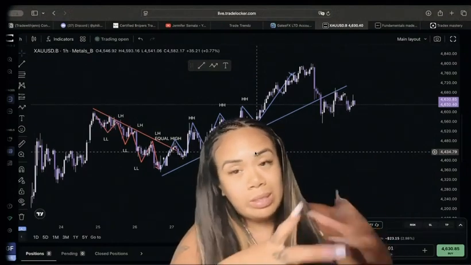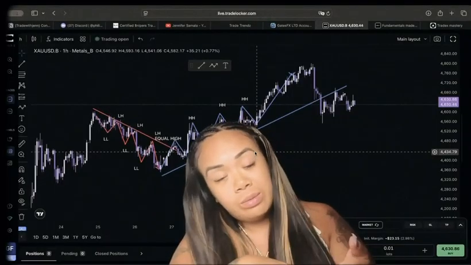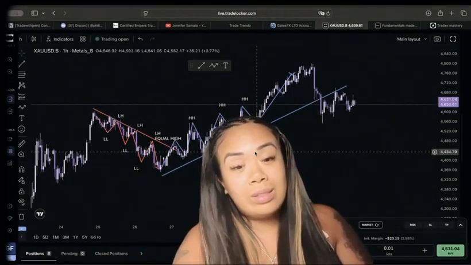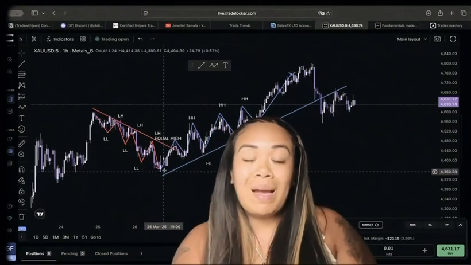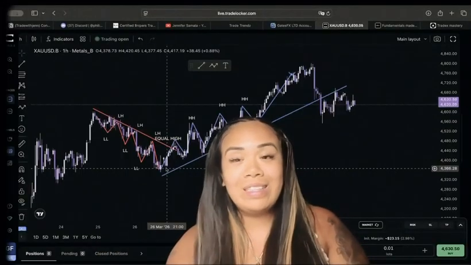It's almost like journaling, but instead of journaling on a piece of paper for your trades, you're journaling and studying. These are essentially backtesting notes, so you know what to do for future reference.